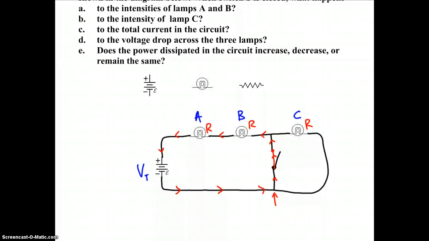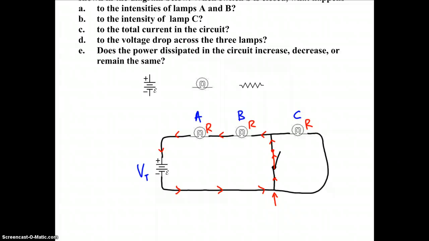What that ultimately means is if lamps A, B, and C were on, which they were, because before we closed the switch, the current would have gone just through the one path, through C, then B, then A, and then back to the battery. Now what happens is you short circuit lamp C and lamp C turns off.